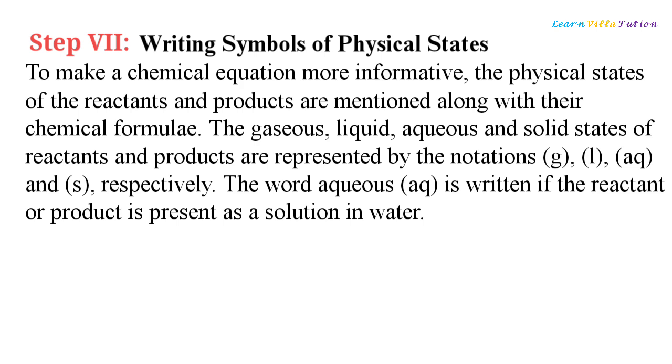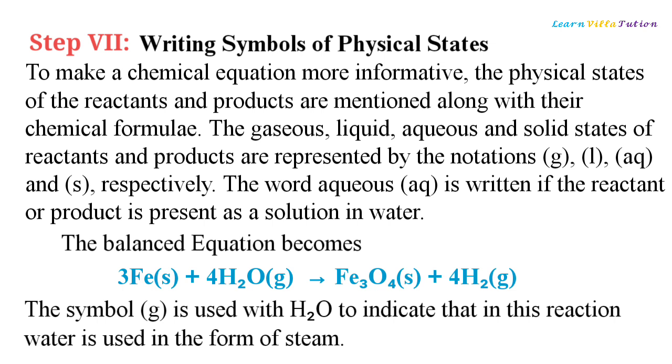The word aqueous, aq, is written if the reactant or product is present as a solution in water. The balanced equation becomes as given below. The symbol g is used with H2O to indicate that in this reaction water is used in the form of steam.